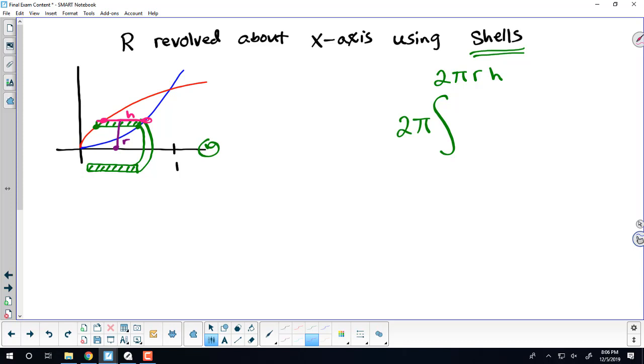So it kind of depends. If we were to take that region and revolve it around the y-axis using shells, the radius is still the distance from the rectangle to the axis of revolution, and the height is the top minus the bottom because it's in a vertical direction.